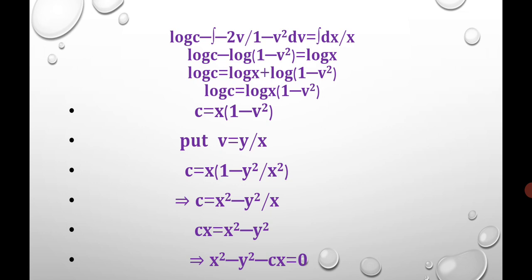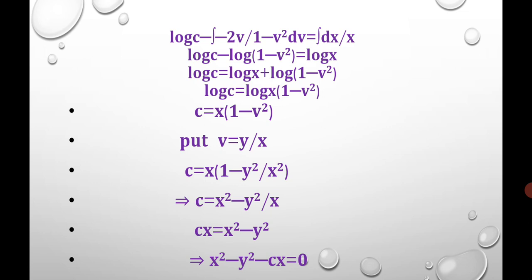Then we have log of c minus log of 1 minus v square equals log x. Again log of c equals log x plus log of 1 minus v square. Then we have log of c equals log of x into 1 minus v square. As log of a equals log of b, then a equals b. Then friends, we have c equals x into 1 minus v square.